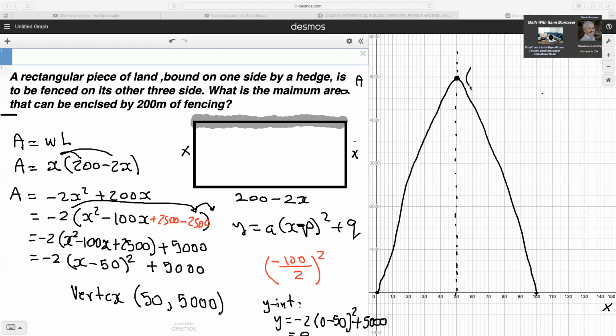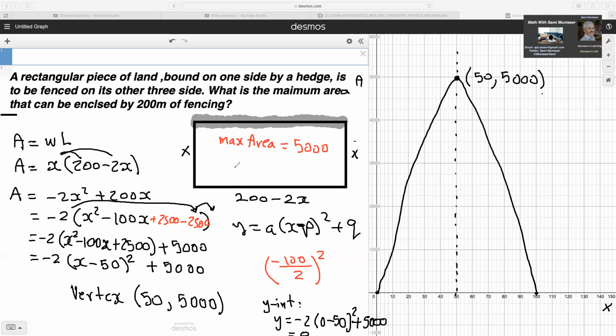So this point is at 50 and 5,000. Therefore, your maximum area, and I'm just going to write the answer right here, the max area enclosed in there is 5,000 meters squared. And that's it, that's all they're asking.